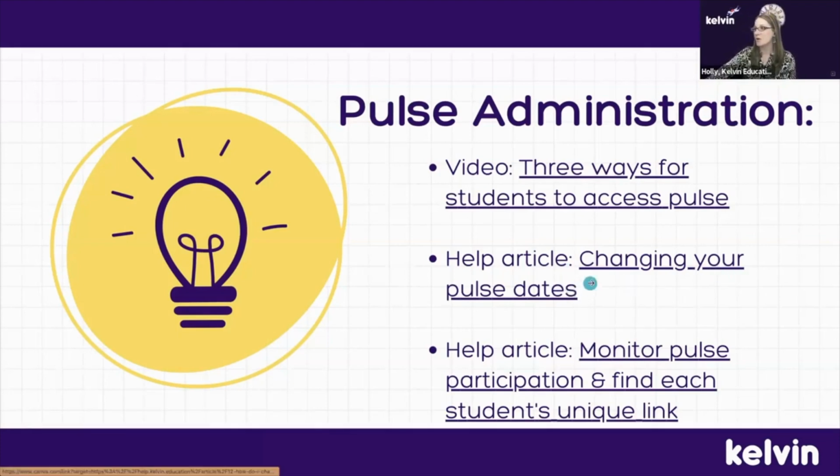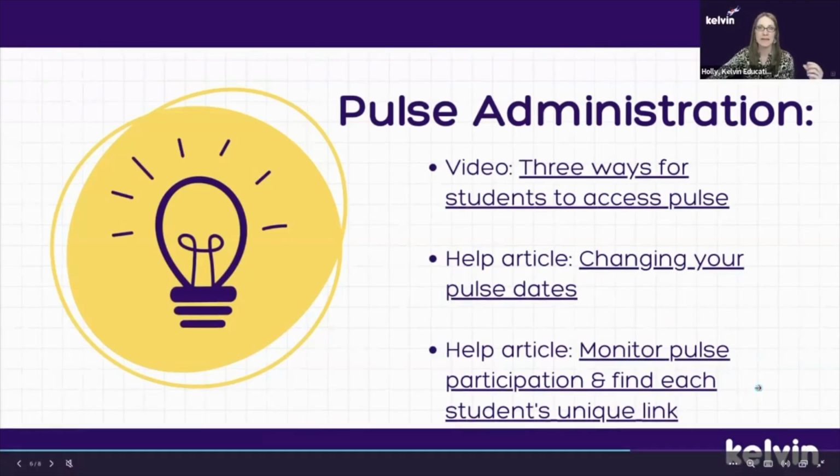And then we have an article that shows you how to change your pulse dates, and then monitoring your pulse participation and finding those unique links in case for some reason a student's just not seeing the dog pop up or they're having trouble getting to the pulse. We do have a way for you to get their unique link and to get it to them to take their pulse.